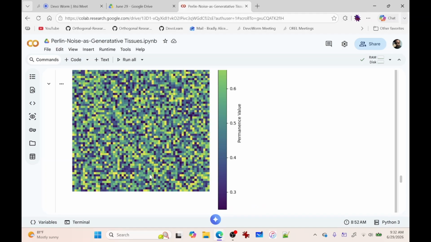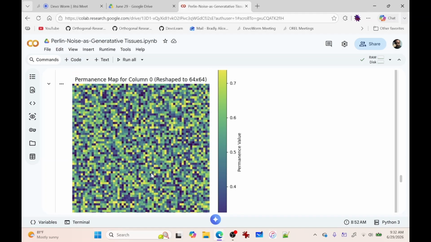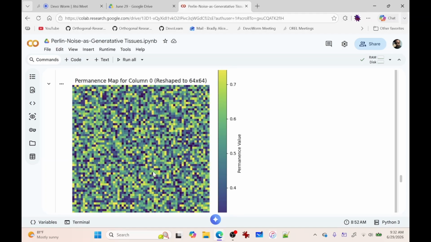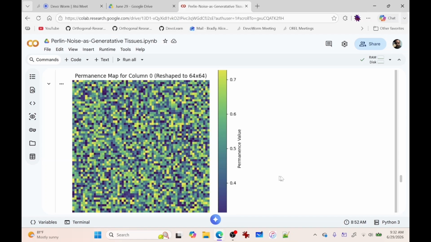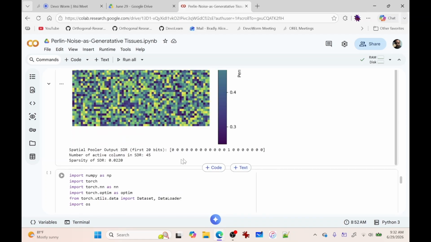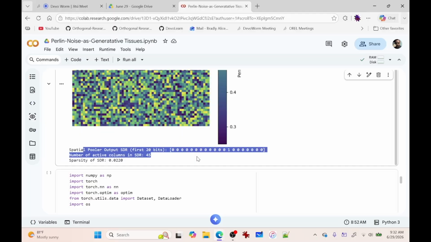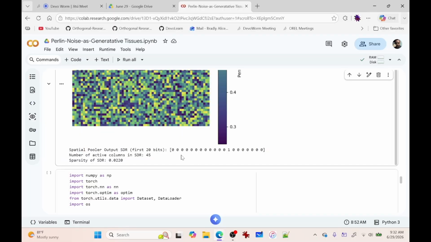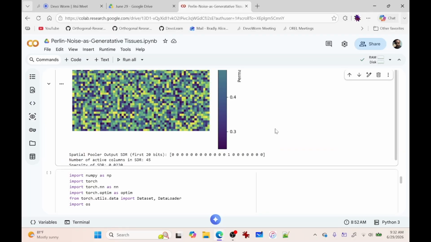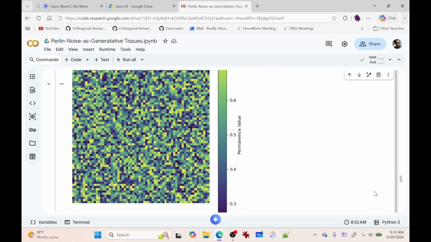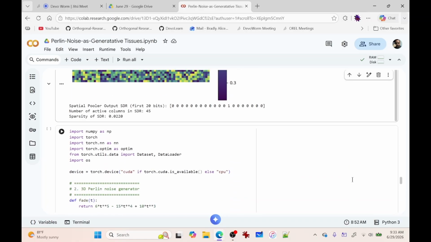It almost looks like Perlin Noise, sort of a form of Perlin Noise where there are different permanence values across the matrix. Not sure what good this is going to do, but I wanted to see what it would do. It might be useful, but you do these explorations and then you figure out what it's for and you kind of put things together.